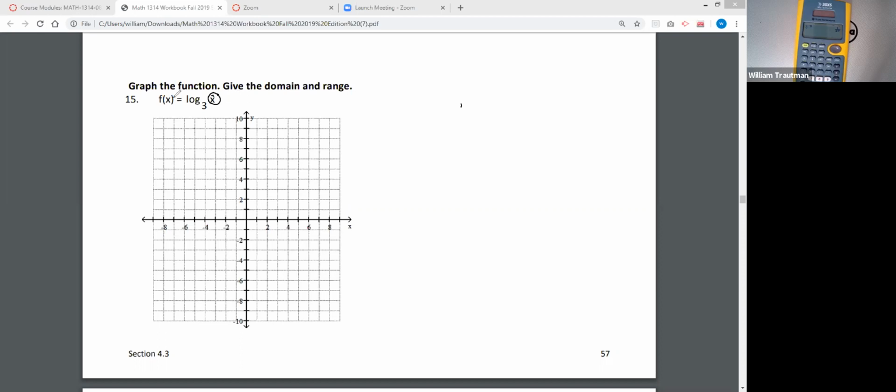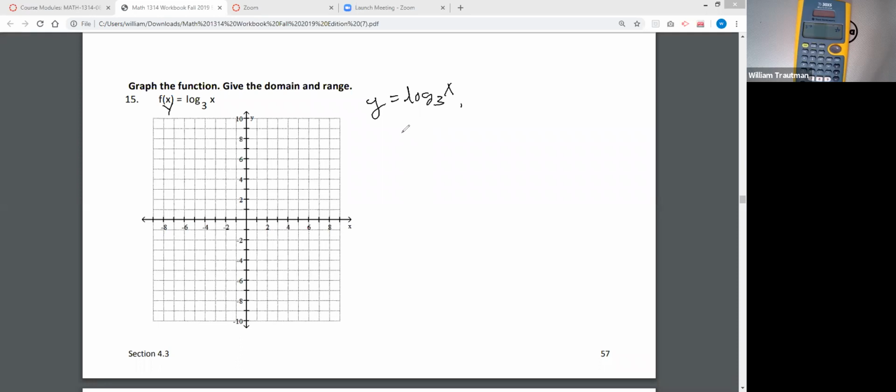Well, they called it x, and so this is y, right? No, that's fine. I think we're okay here. If they call this x, then this is y. Another way of writing this is y equals log base 3 of x. F of x is changed to y.